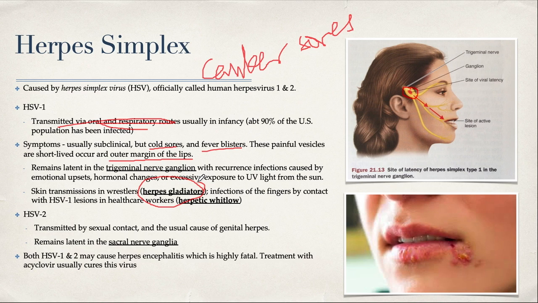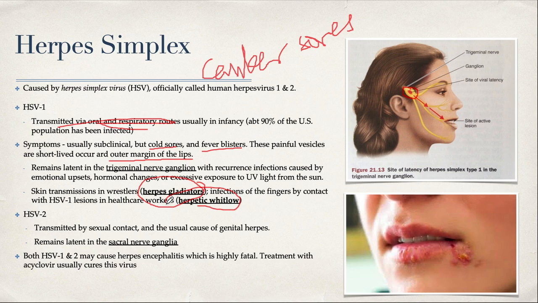You could also have infections in healthcare workers due to some pricking accidents on your skin, which will cause a transmission of the virus to their skin, and in that case you have the herpetic whitlow.